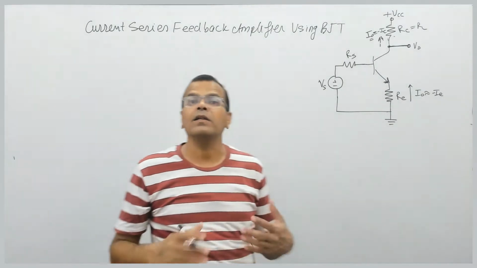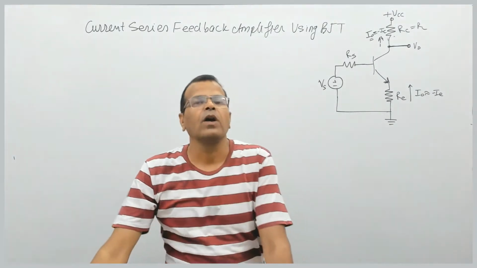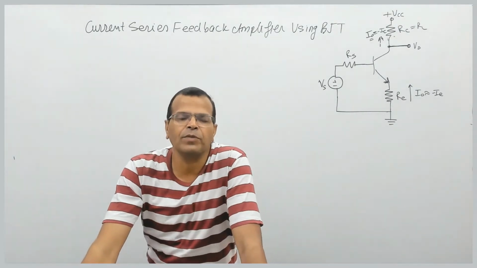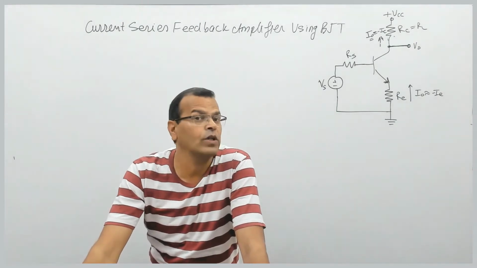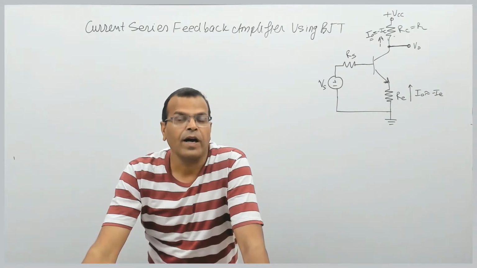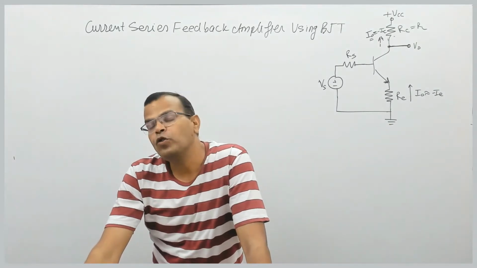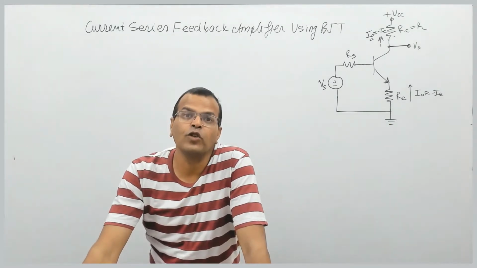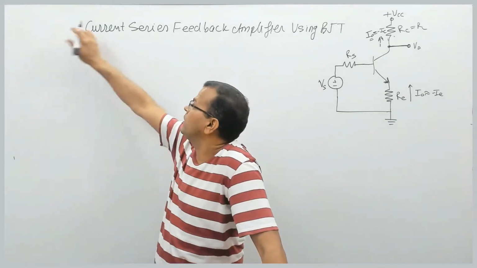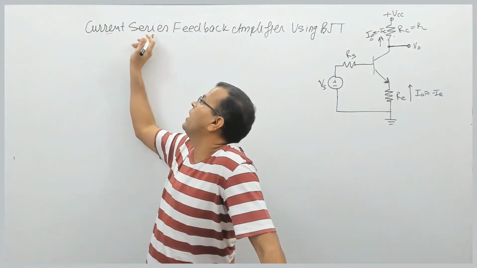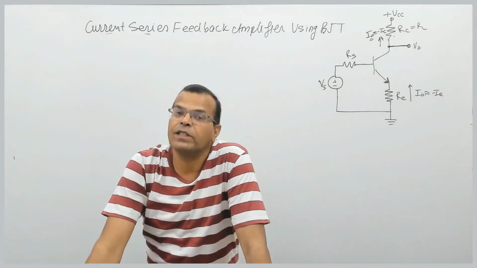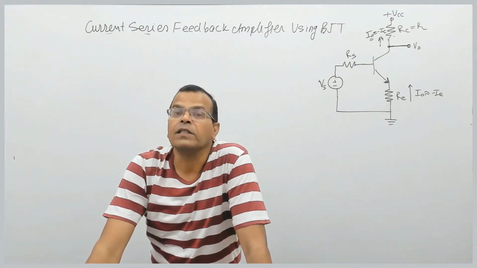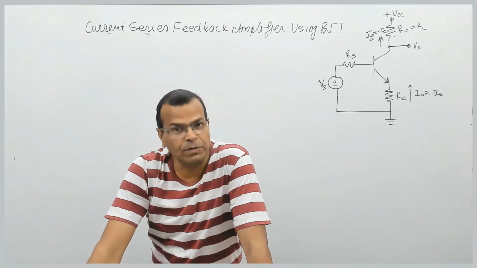Fine, minus IC. So output current is minus IC. We are saying current series feedback. When you say current series feedback, that means output signal here is taken to be current, not the voltage. I repeat, the output signal of this circuit is considered to be current. In current series feedback, this is the output signal and this is the type of mixing. So we have series type of mixing. Series type of mixing is voltage mixing.